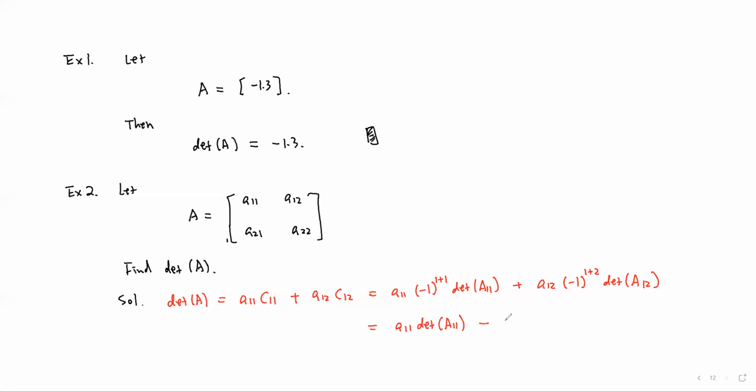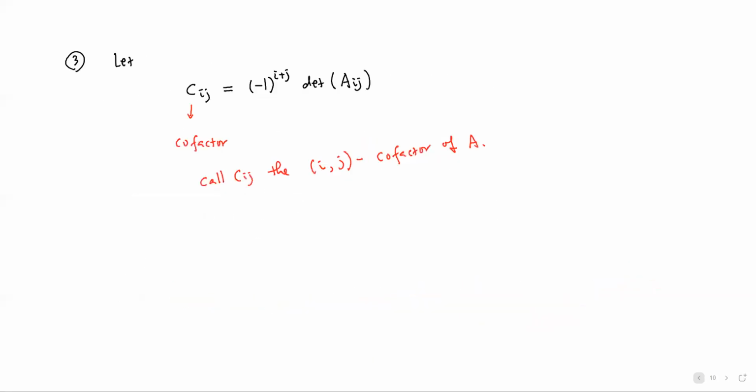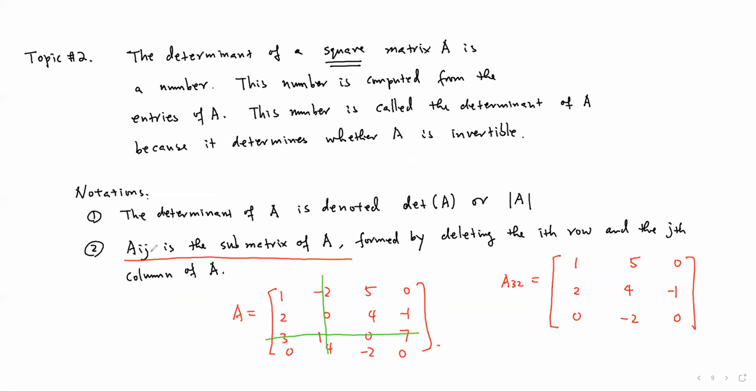So minus a12 times the determinant of A12. Now let me determine capital A11 and A12. Go back to their meaning. What do they mean? Aij means the submatrix obtained by deleting row i and column j.